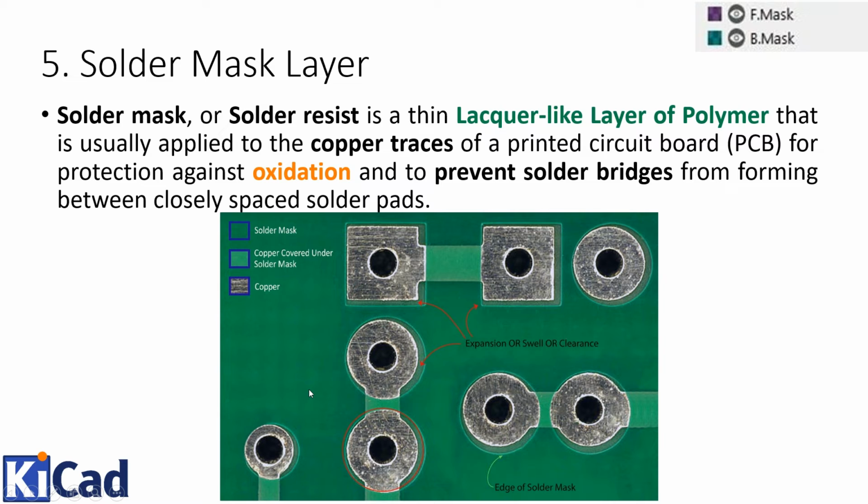It is covering the tracks. Over here, the track between these both pads is covered with the polymer, this solder mask layer. This will protect the track from oxidation, and this solder mask also helps us prevent solder bridges from forming between closely spaced solder pads.